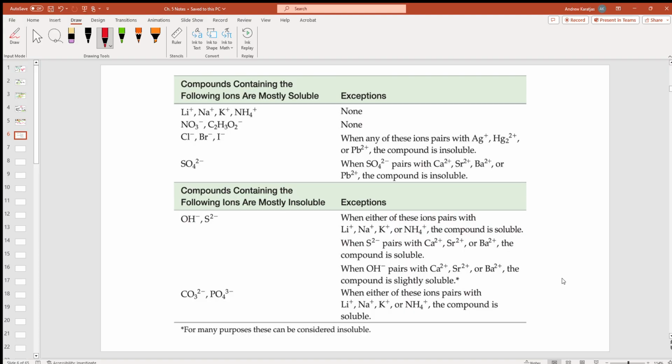When we have those anions, basically regardless of what the cation is, that compound will be soluble. For things like the halogens, in most cases, ionic compounds with halogens are soluble. However, if they pair with silver or mercury or lead, the compound is generally not soluble.